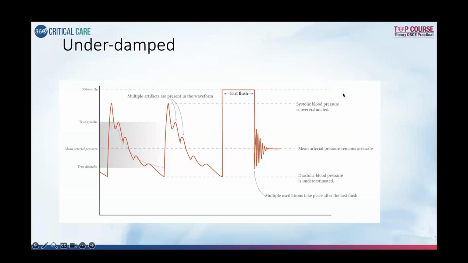With an underdamped waveform, we will have a systolic blood pressure which is overestimated, and a diastolic blood pressure which is underestimated. So this one will be high, this one will be low compared to normal. That's the characteristic of the underdamped waveform.